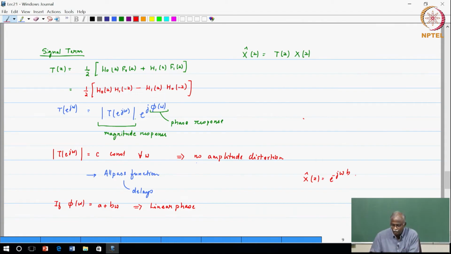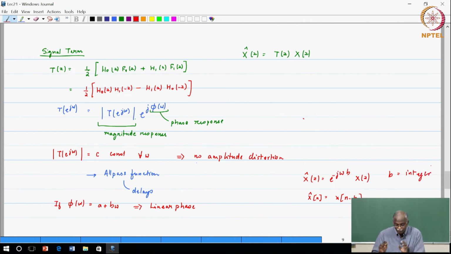E power j omega b times x of z, right. So, what does this actually indicate in terms of the relationship, assuming b was an integer, then it says that x hat of n is equal to x of n minus b, b is equal to integer.